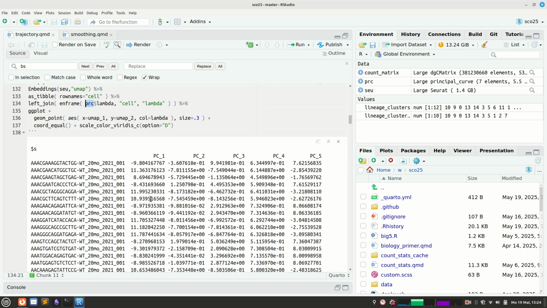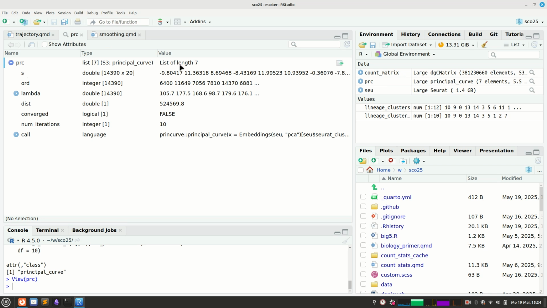And what I get out of this is this PRC object, which, as you can see, has here a slot S. I can also show you here, which is a big matrix, 14390 by 20, which gives for each of our 14,000 cells the closest point on the curve. Obviously, because our cells haven't been in the right order, we also need to know which point on the curve is.